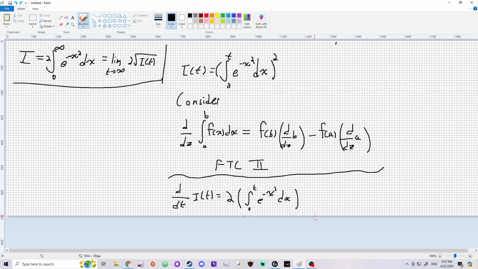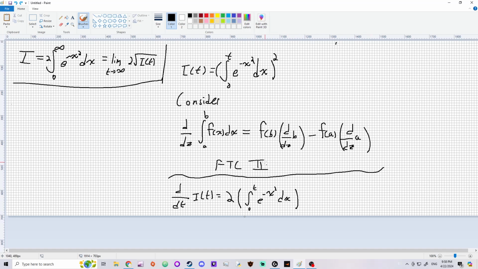But now we need a derivative of the outside. Remember, d by dx of x squared is equal to 2x dx, the derivative of our inside. So what's the derivative of our inside?